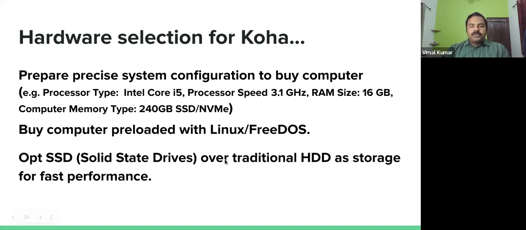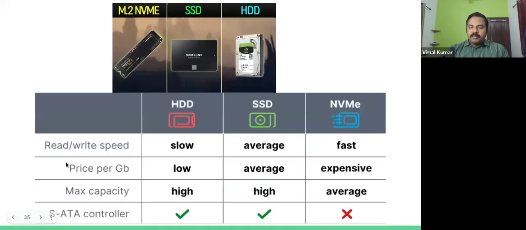Next is storage. Traditional storage or SSD storage. HDD storage is obsolete. SSD storage is the latest one. I will tell you in detail what SSD storage is. See, these are the kinds of storage available now: HDD, SSD, and M.2.